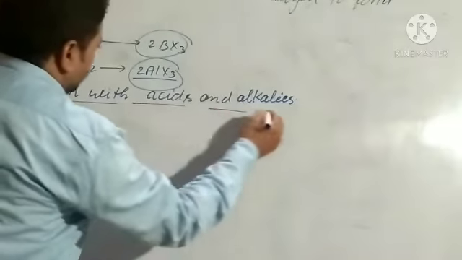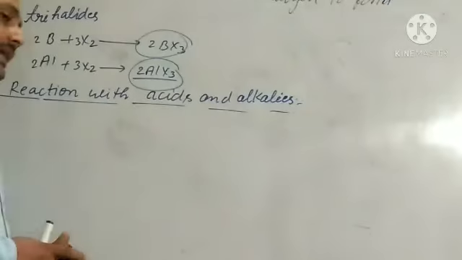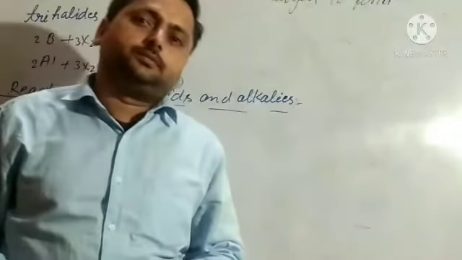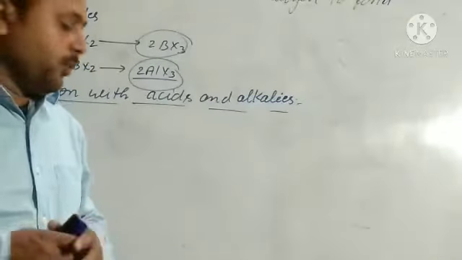So let us see how they show the reaction. Boron doesn't react at moderate temperature, but at high temperature it reacts with some acids and mixtures of acids to form boric acid.